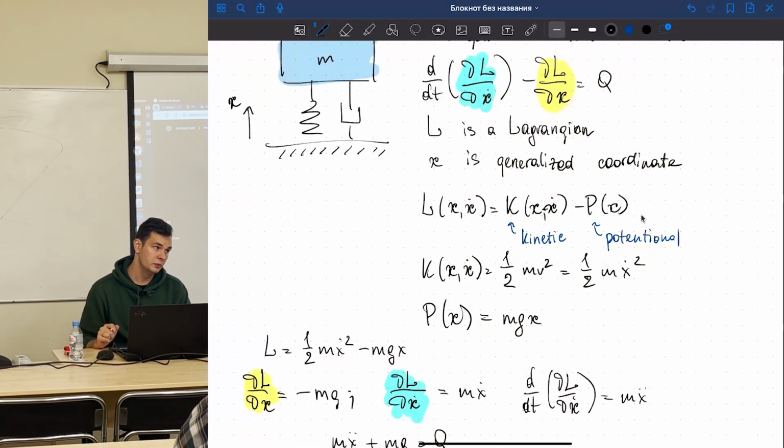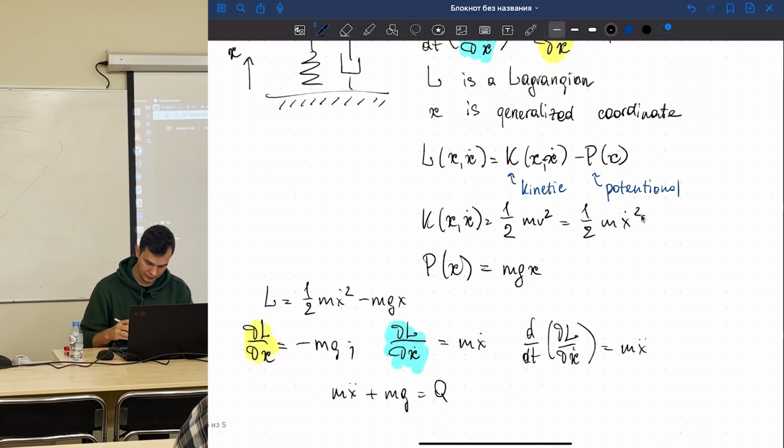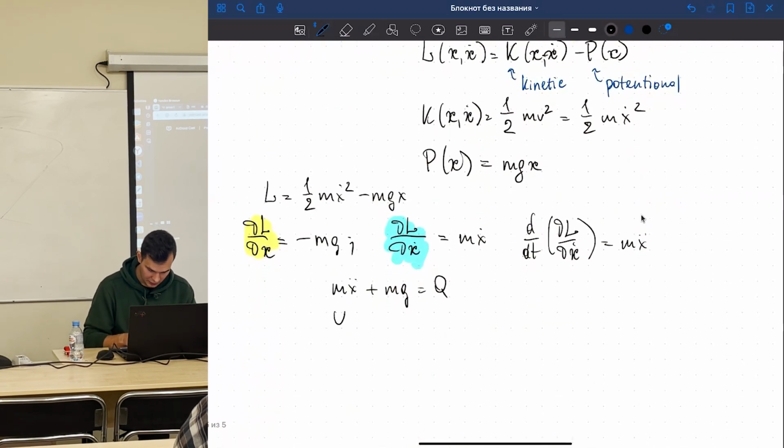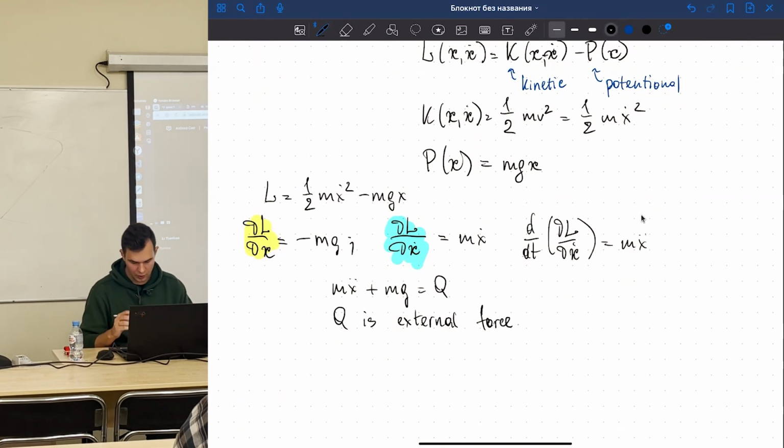What will be the Q? Yeah, you're right. So Q is external force. So friction, interaction, our control, everything goes into Q.